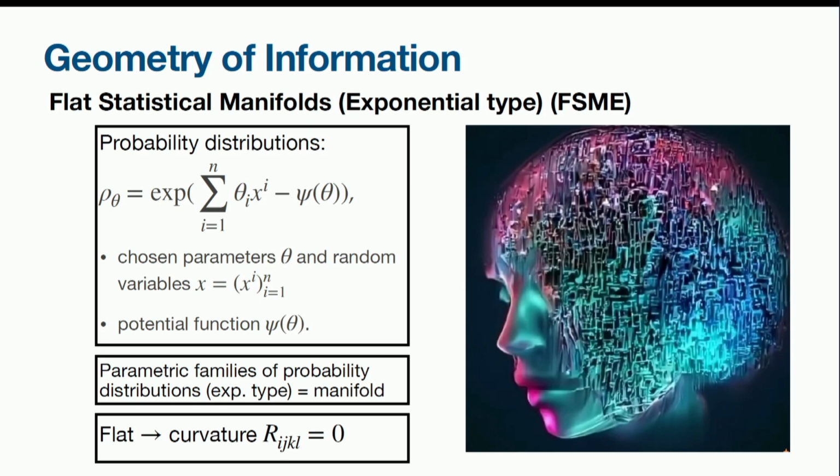And this is for given chosen parameters, theta here, and random variables. So that's the type called exponential. And what we consider here are parametric families of probability distributions, which will be a manifold. And when I say flat, well, I mean the curvature is 0. So that's what I want to consider.